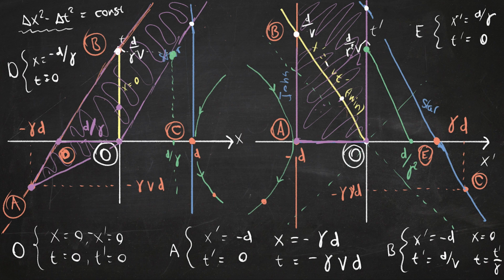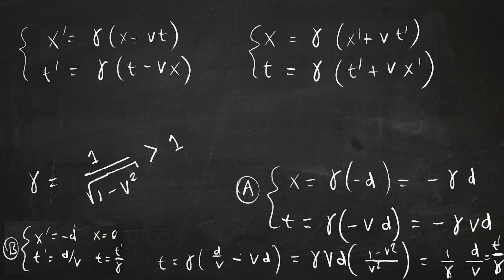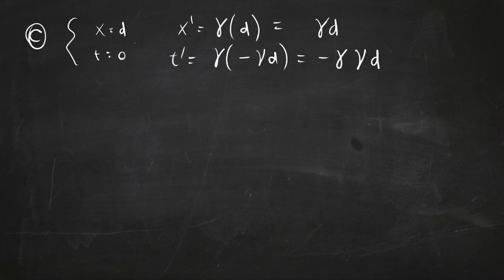The time from the event A to event V to the event B, you could calculate that in the unprime frame, right? And that's going to be just that time, the d on gamma v plus this time, the gamma vd. So that'd be the time from the events A to B, which we could calculate. Let's just do it here, right?